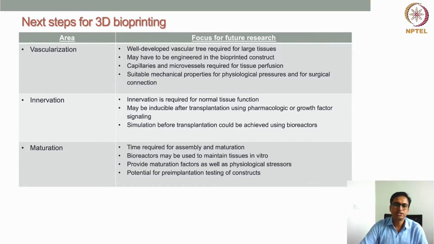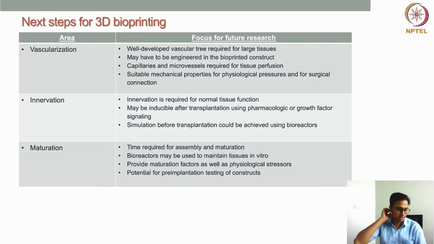A well-developed vascular tree is required for large tissues, because a typical vascular tree is present in all the different large tissues, as we have discussed before. There are also the vascular channels, or blood vessels, of different dimensions, from centimeter to millimeter to micrometer.